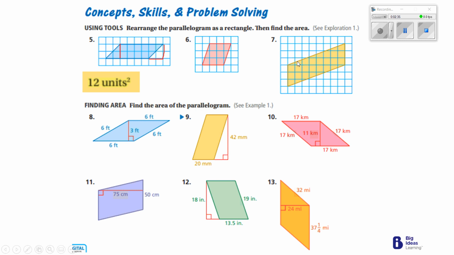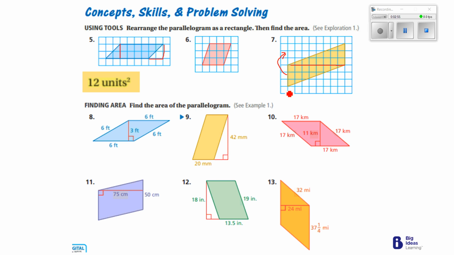Let's see, if I'm doing number 7, if I was going to rearrange this, I would take this entire piece here, and I would flip it upside down. I would bring this up here, actually, right?